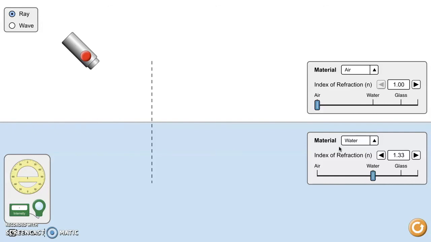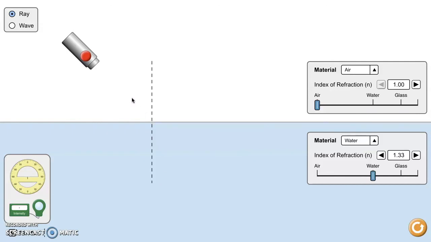And then our second material here is water, and its index of refraction is 1.33. And so what we should expect is that if we use an angle of incidence of about 45 degrees, then it's going to bend toward the normal, because this is a denser medium than this one.